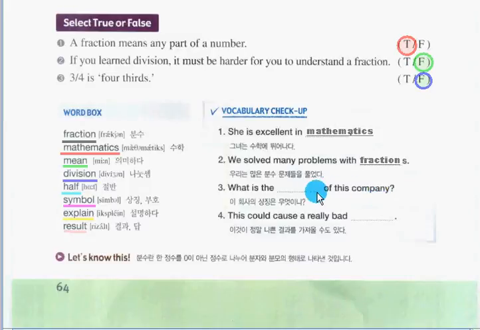The missing word is symbol. What is the symbol of this company? And last one, this could cause a really bad blank. The missing word is result. This could cause a really bad result.